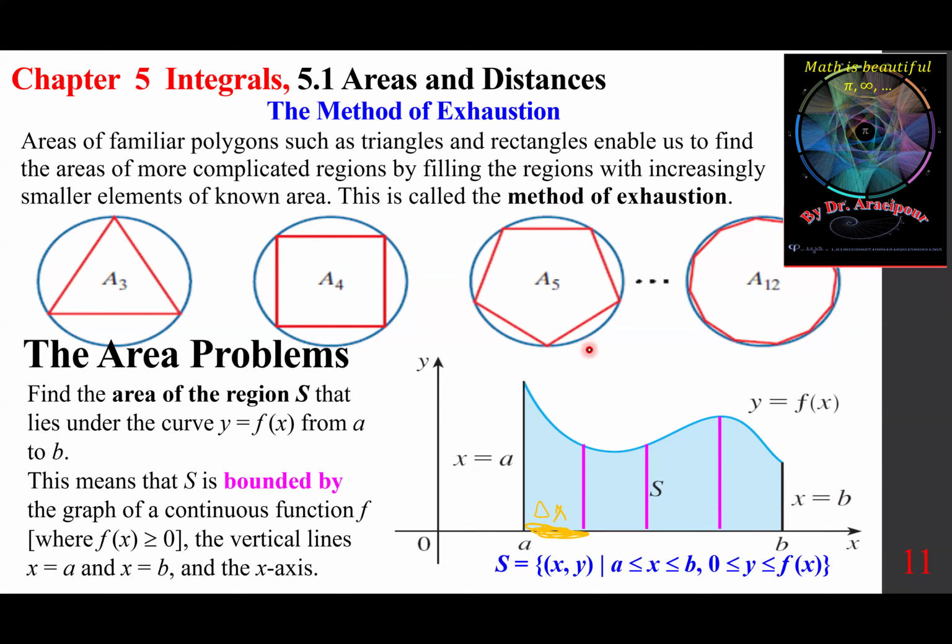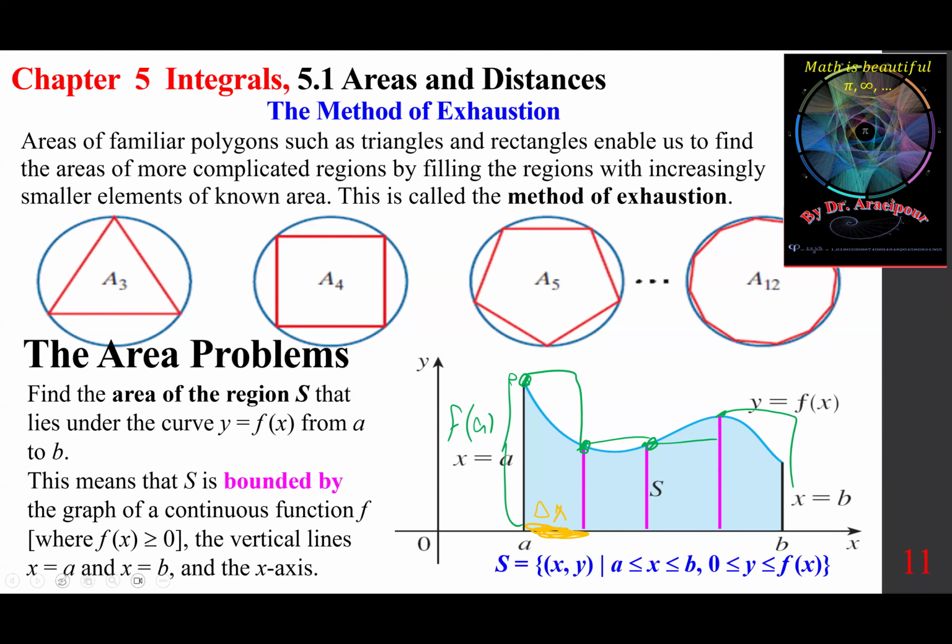Well, if you look at the left endpoints, let me just do that. If I pick the left endpoints as the height, okay, so understand this is f of a. So I can do this. That's the area. Is that the area under the curve? No, that's an approximation.